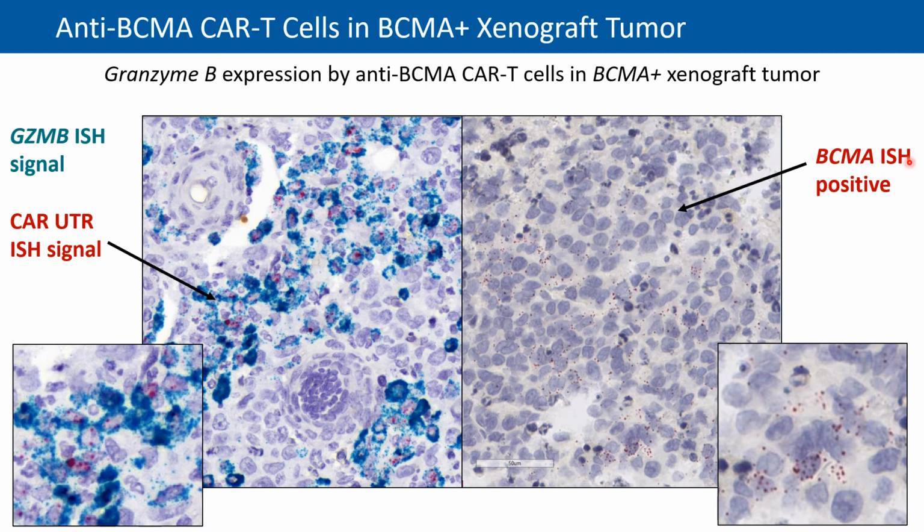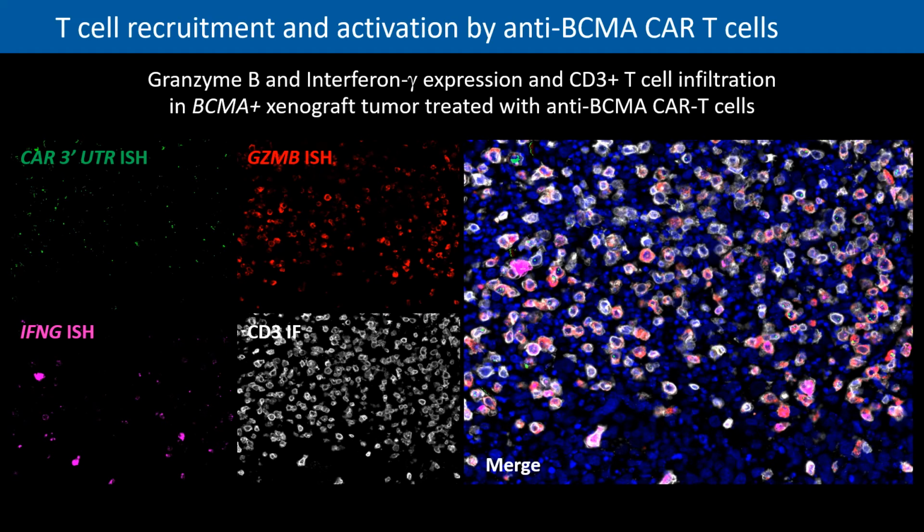In tumors that are positive for BCMA, like these xenograft tumors, we can see strong positive staining for the CAR-T cells and strong staining for granzyme B, showing that in the presence of the antigen, these CAR-T cells present in the xenograft are also engaging, indicated by strong granzyme staining. This indicates that this anti-BCMA CAR-T therapy was clearly successful, since it's engaging in the presence of the antigen.